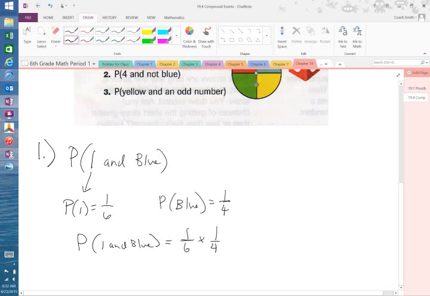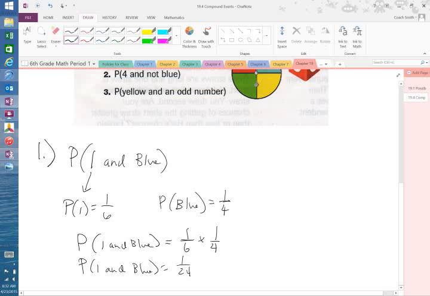What is 1/6 times 1/4? Remember, we're multiplying, so we don't have to have common denominators. 1 over 24. So the probability of rolling a 1 and blue would be equal to 1 over 24.